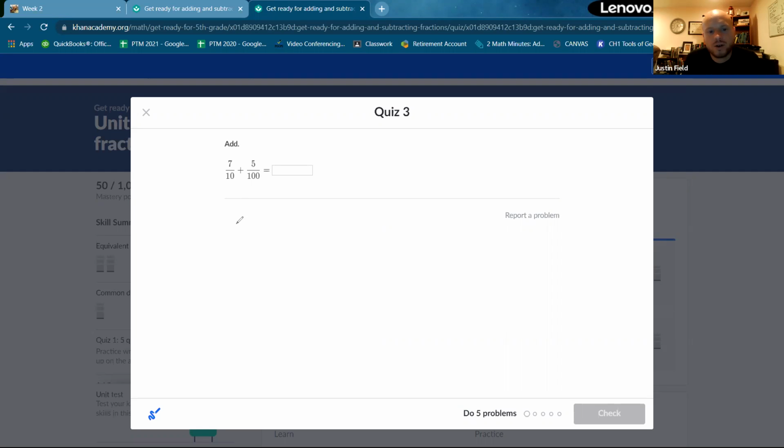Well, 100 has multiples of 100, 200, 300. 10 is 10, 20, 30, 40, but on down the line, 100 is a multiple of 10, right? And what multiple is it? It's 10 times 10. Now you should easily know that. So then we want to multiply 10 times 10 and the 7 times 10 as well.